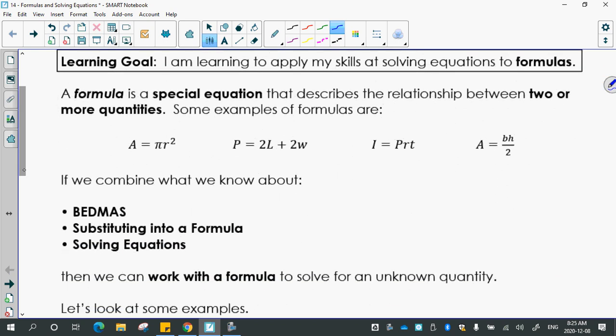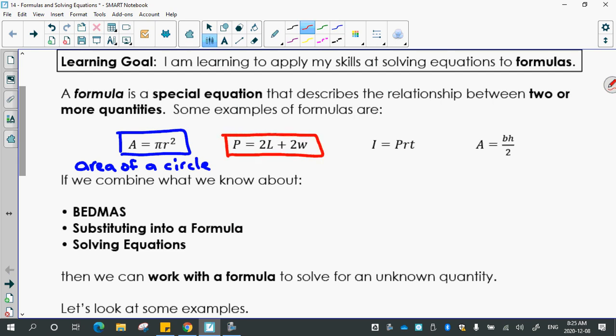So I put some examples of common formulas. Does anyone know what A equals pi r squared is the formula for? Area of a circle. This one, P equals 2 times the length plus 2 times the width. Anyone might know what that one's for?